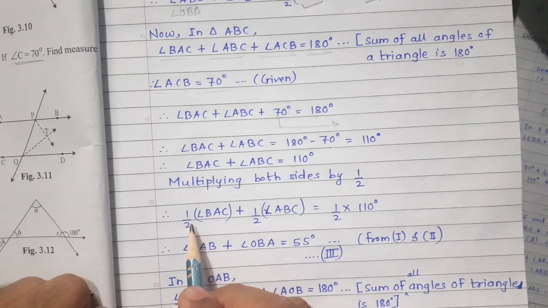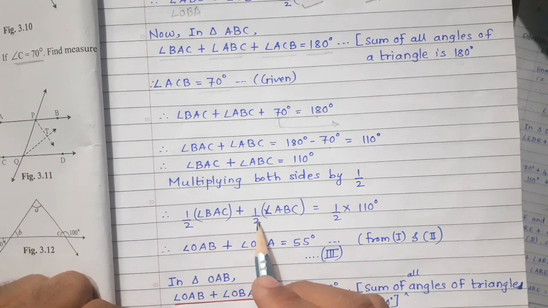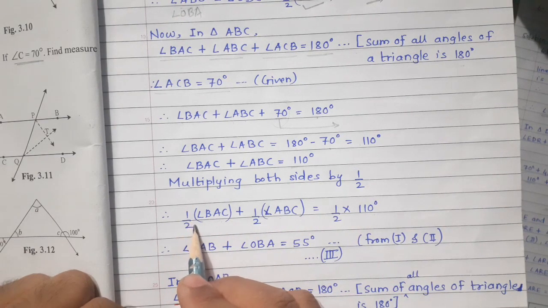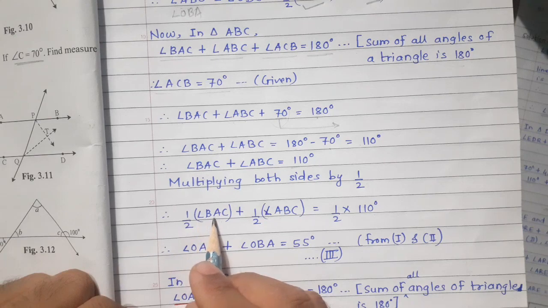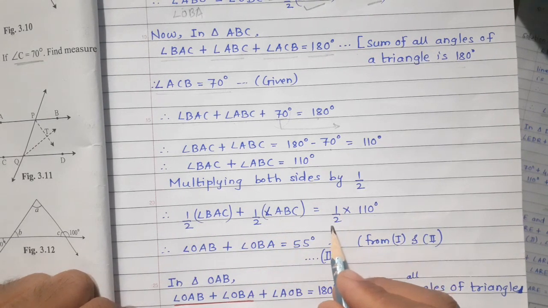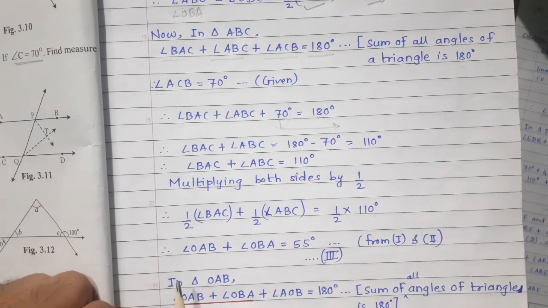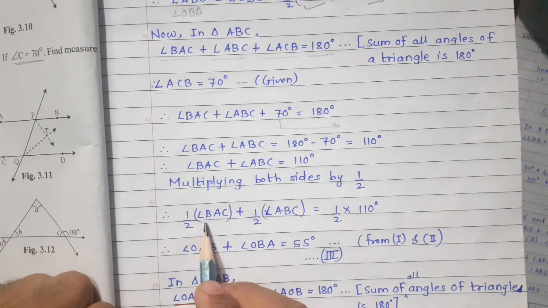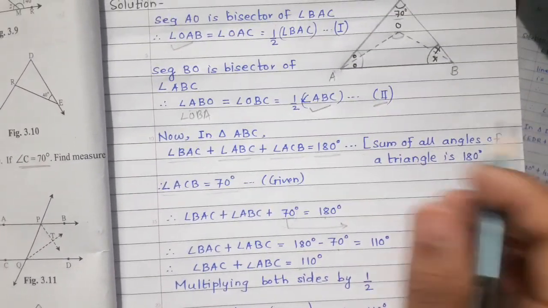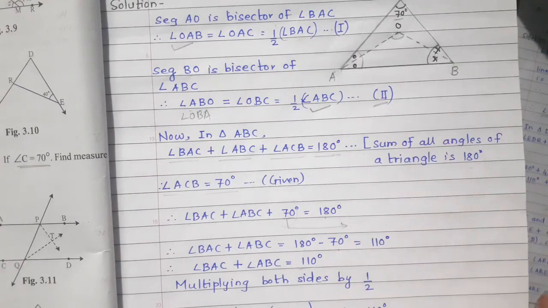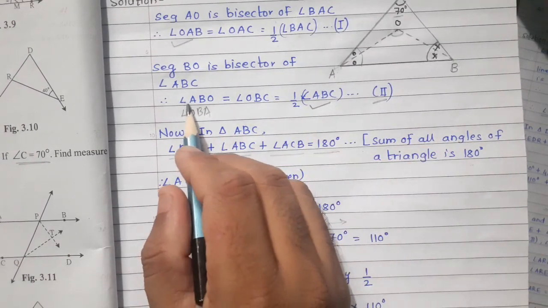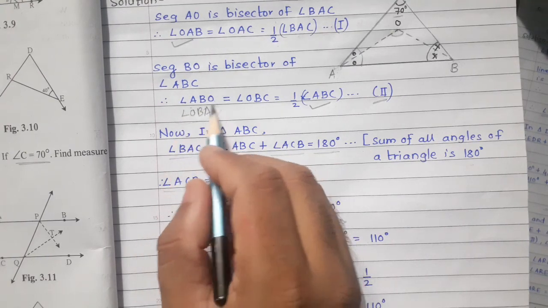So we have 1 upon 2 multiplied by angle BAC plus 1 upon 2 multiplied by angle ABC is equal to 1 upon 2 multiplied by 110 degrees. From the first equation we can write 1 upon 2 angle BAC as angle OAB, and 1 upon 2 angle ABC as angle ABO or angle OBA.